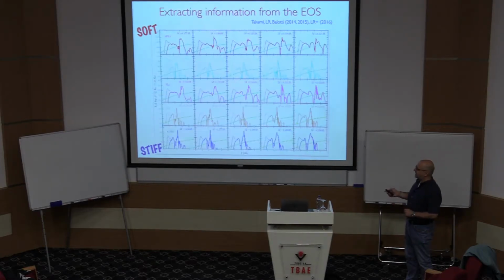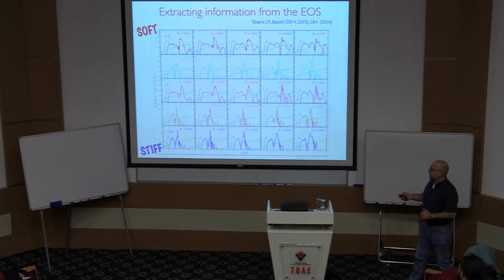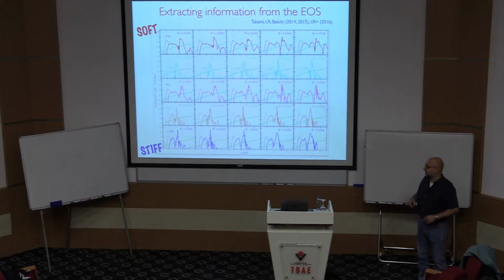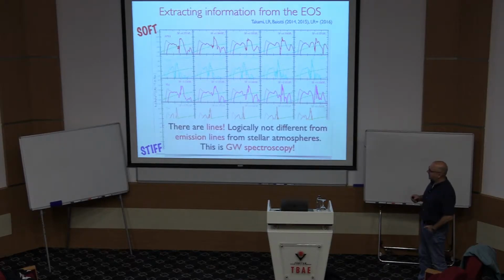Now, these very same objects can be seen in the frequency domain. And so now I'm just concentrating on the messy part of the signal, the one that I was showing before. And I don't ask you to look into the details of this. I will explain this better. But what I want you to understand, I appreciate that these are lines.